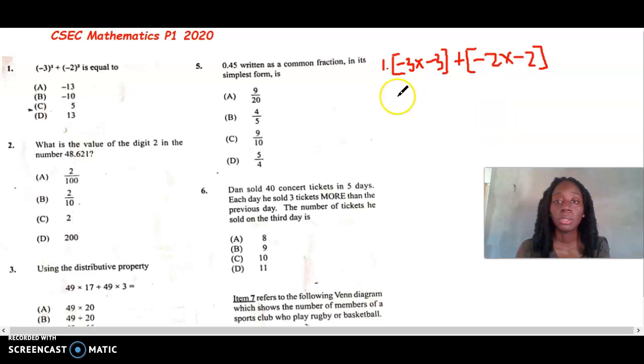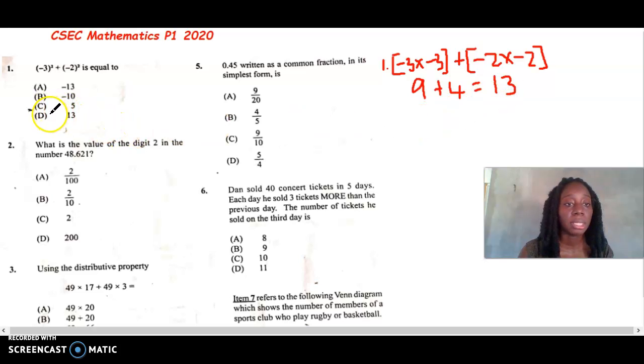Here we use the product rule of integers or directed numbers. If we have two negative numbers and we want to find the product, that will give us a positive result. So -3 times -3 gives +9, plus -2 times -2 gives +4. So 9 plus 4 is equal to 13. Okay, so our answer is D.